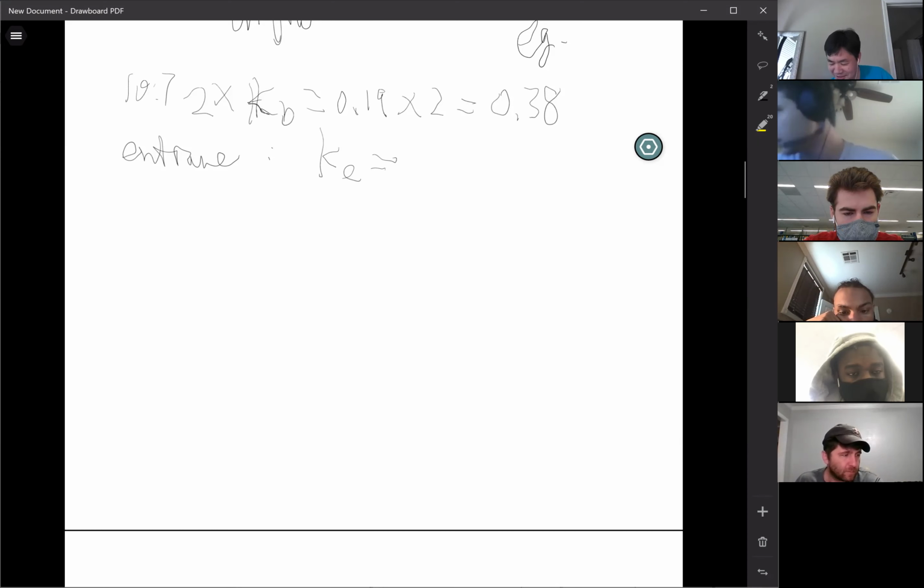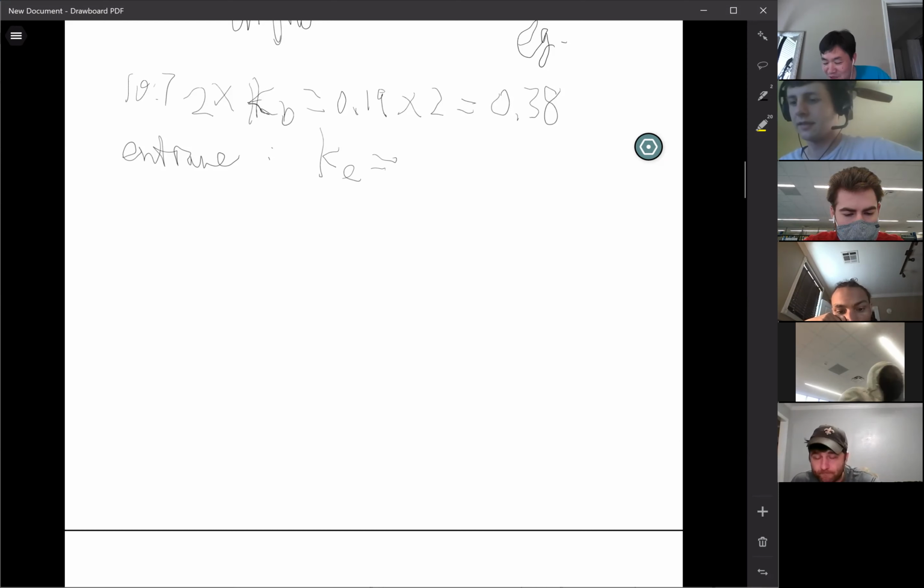Come on, there's no entrance in the table. So which one do we use to represent the entrance? We use the first one. Does the first one look like an entrance? Oh, the first one it is. It says pipe entrance. Okay, so find the K for me.